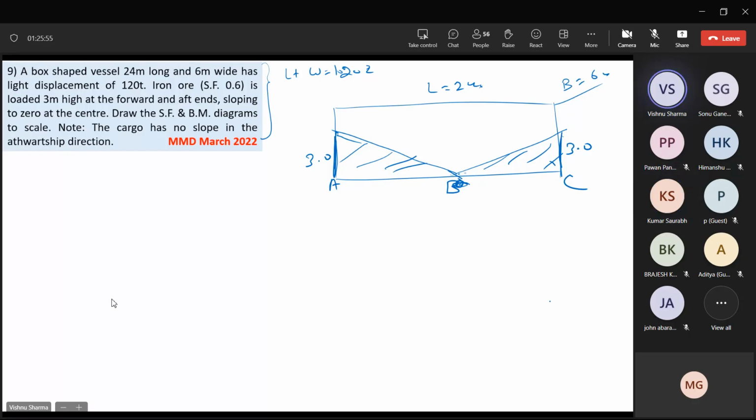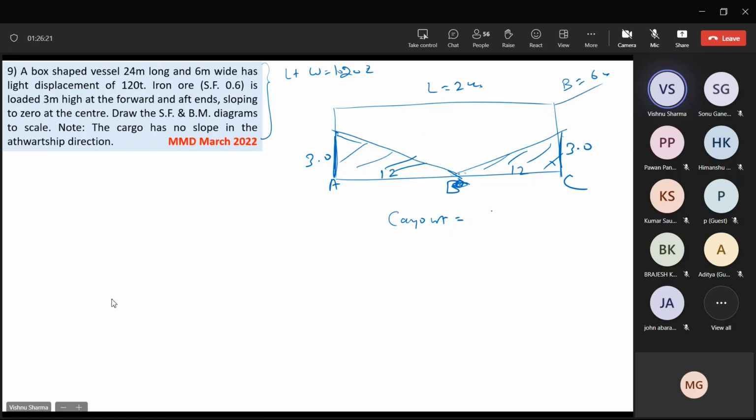We can take A, B, C. Okay, we'll have to get the weight of the cargo first. Light displacement is known. A box-shaped vessel, light displacement given, stowage factor given. So now we have to get the weight of the cargo. The cargo weight will be equal to this area. Each length will be 12 meters.